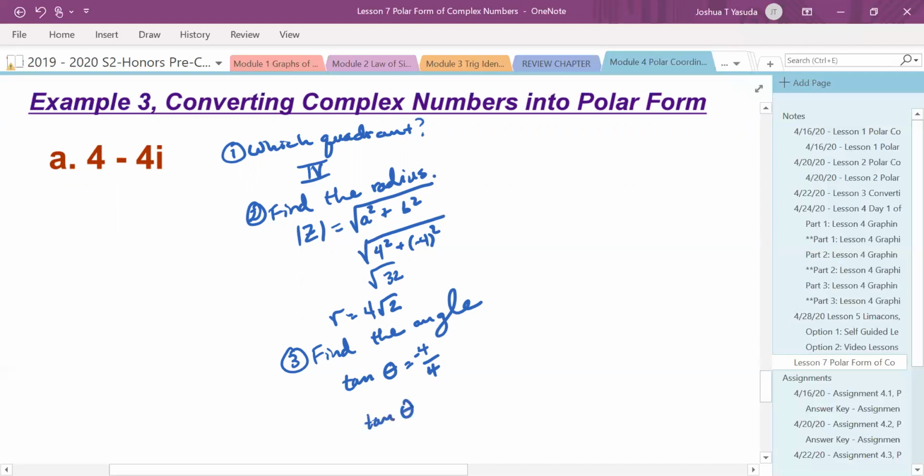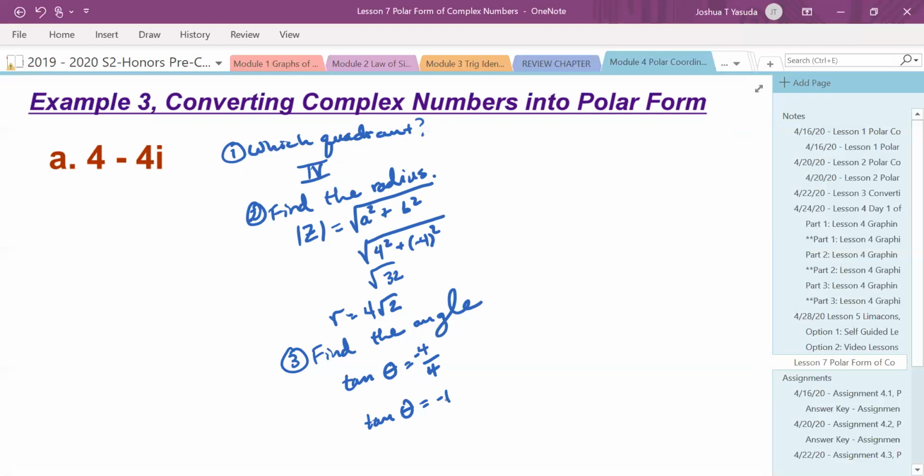So tangent of theta equals negative 1. I'm not going to use the inverse at the moment for this, just because tangent being 1 is a good thing. I'm just going to think of what angle would be in the 4th quadrant that would make that true. Do you know what I mean? Kind of solve it like an equation, because I know I needed to have it in the 4th quadrant. And at the moment, there's no restrictions on me.